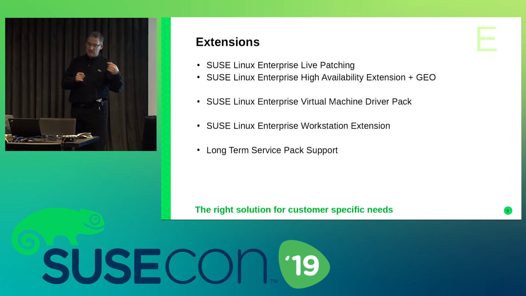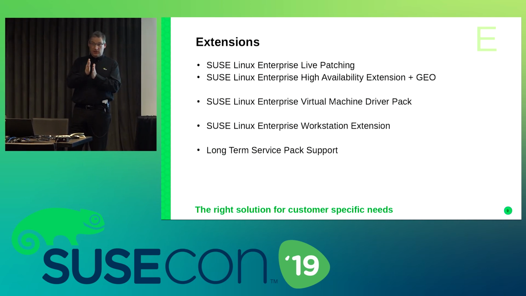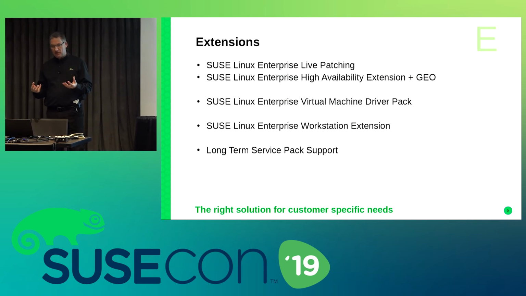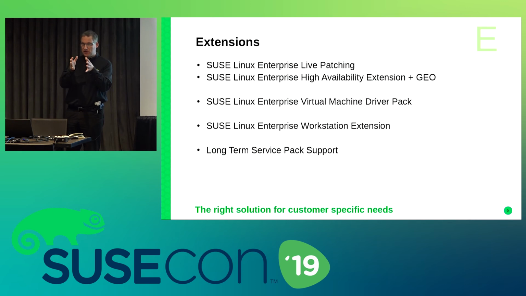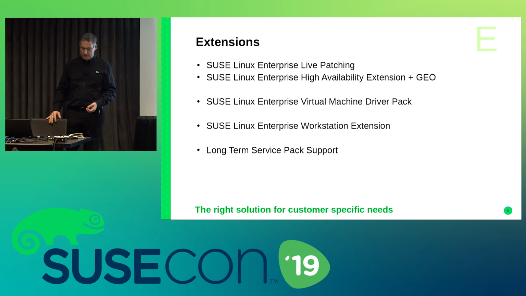The desktop stream has fewer bits. Typical server pieces like KVM or Xen are not in SUSE Linux Enterprise Desktop. And if you want to build a VDI infrastructure, then you should use SUSE Linux Enterprise Server plus the workstation extension, because then you have the full server capability.